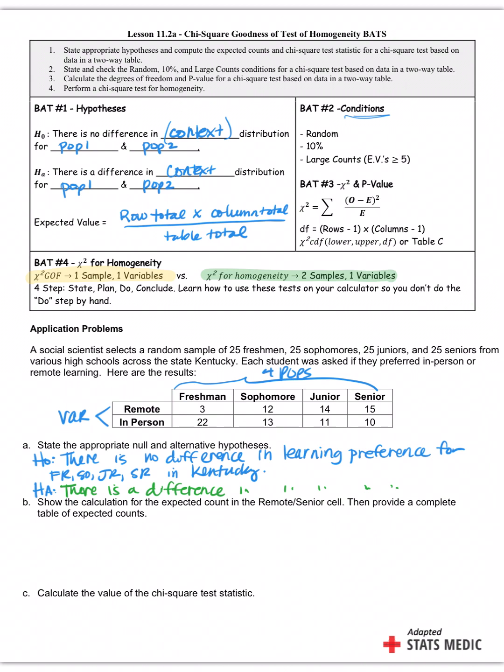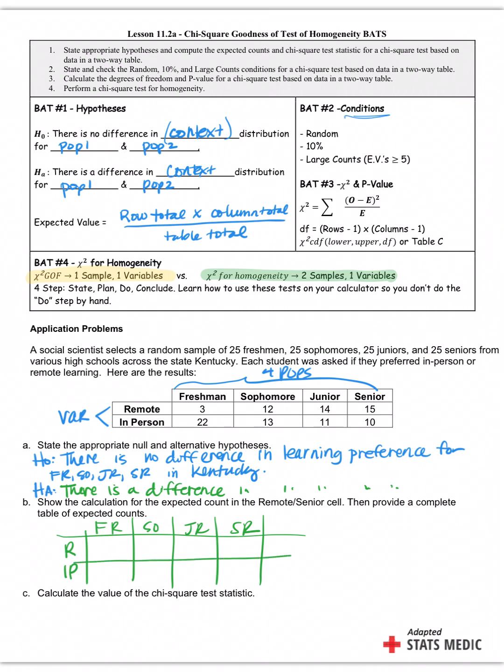Now it says show the calculation of expected counts for the remote senior cell, but then it says then provide a complete table. So let's just do the whole table, right? So remote, in-person, freshman, sophomore, junior, senior.